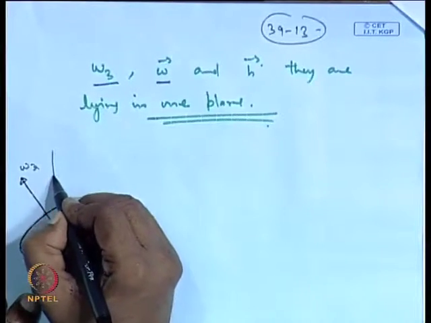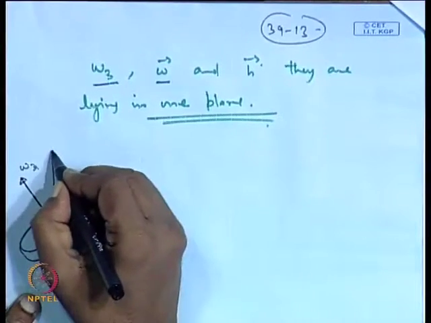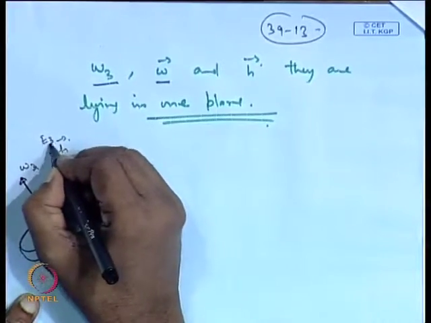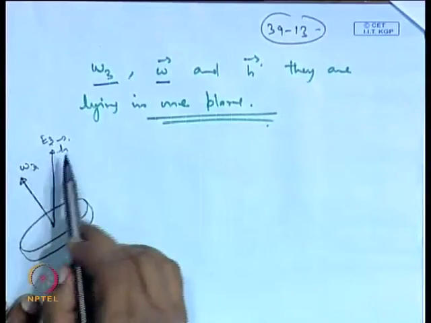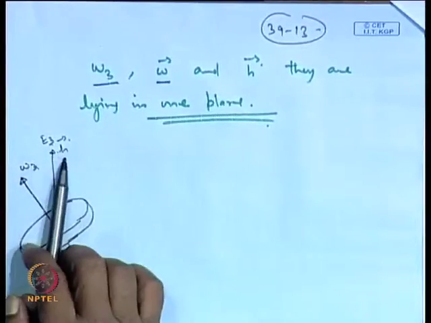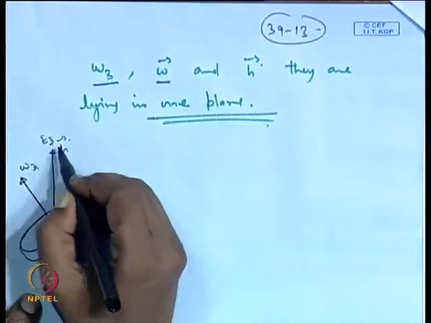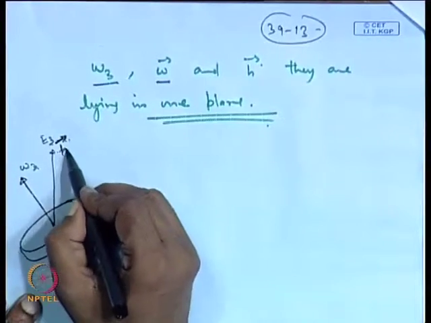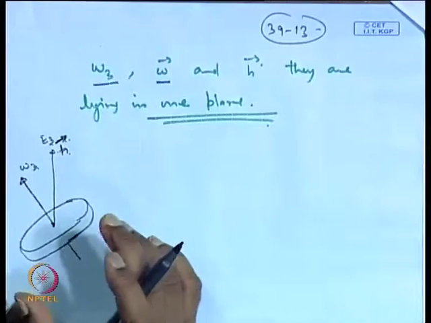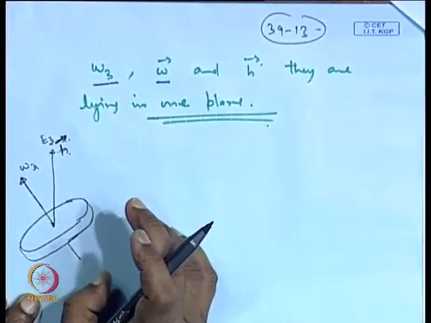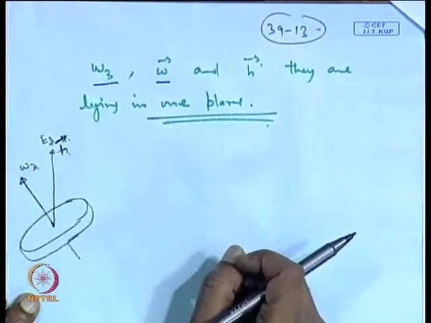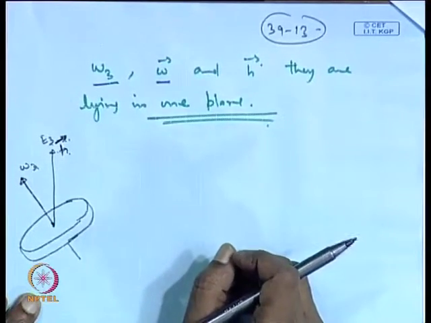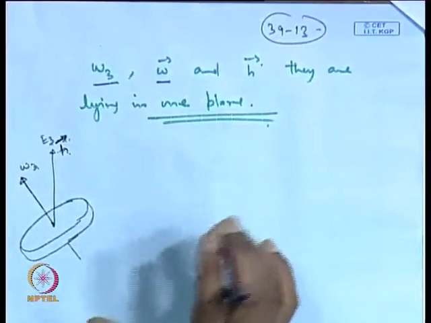Okay. The h vector as usual we have indicated along the E 3 direction. So, this is the h vector and this is the E 3 direction. This is arbitrary. The h vector is the angular momentum of the body, and if you remember from our earlier lecture, the h vector and omega vector in general do not coincide unless the rotation of the body is along one of the principal axes. So, only along one of the principal axes.